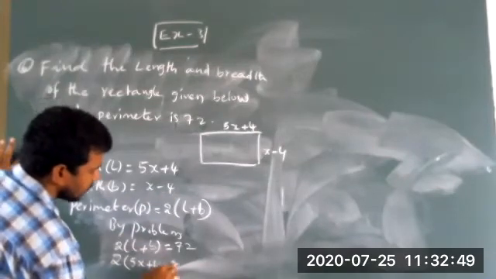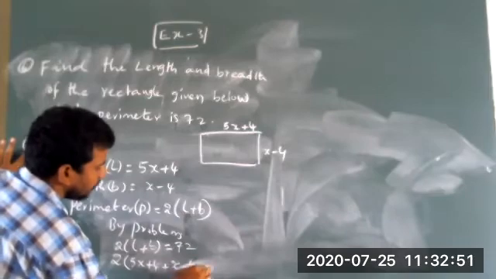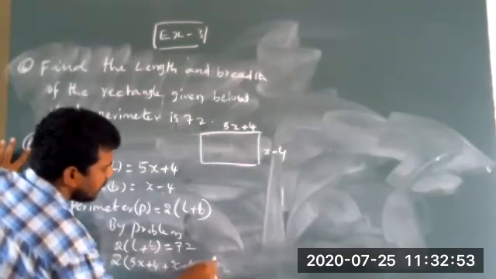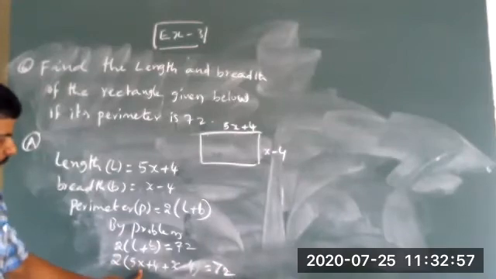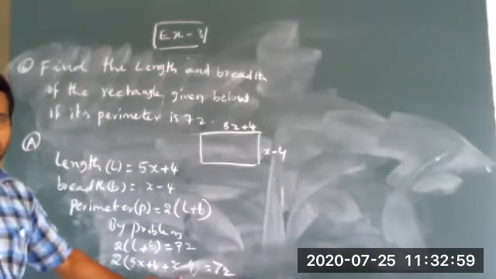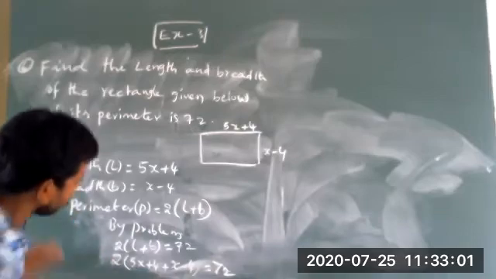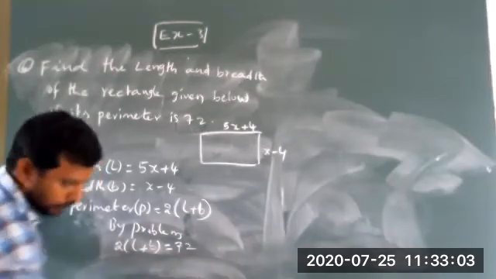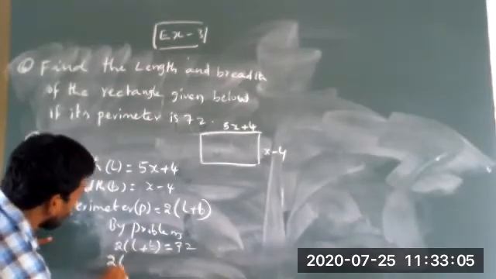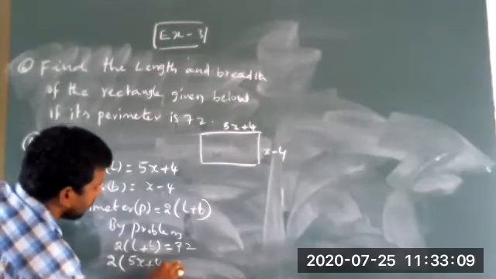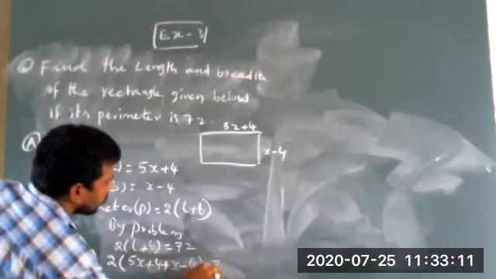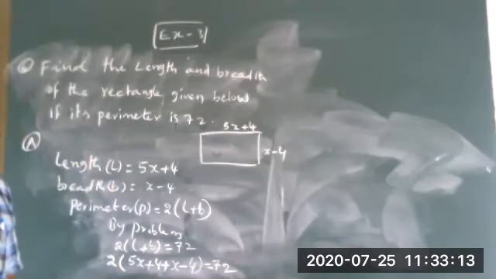So x minus 4 equal to how much, children? 72. Clear? 2 of 5x plus 4 plus x minus 4 equal to 72.